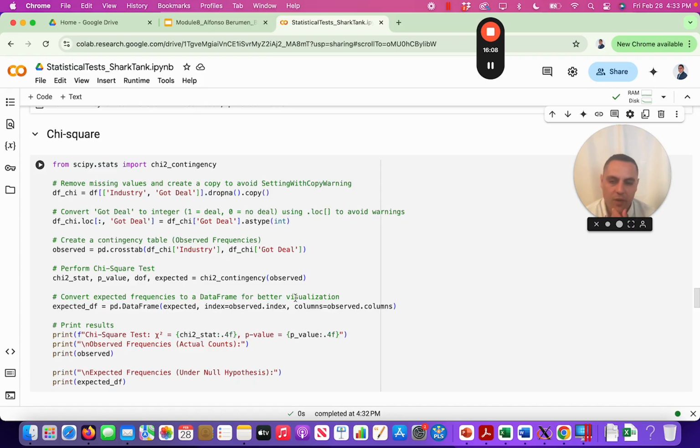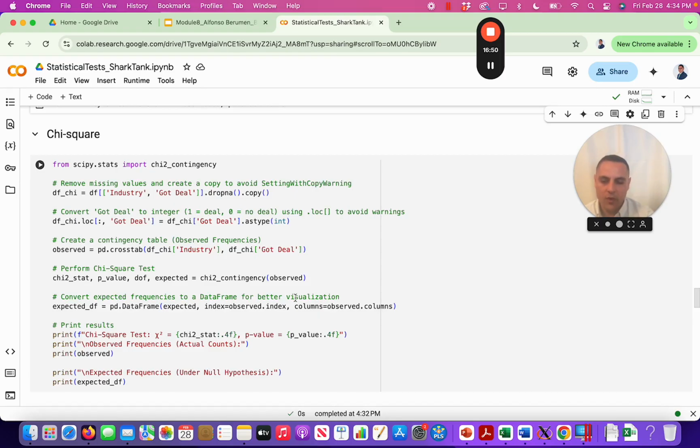What we're going to do is create a contingency table and look at the frequencies, and then see if what we observe in our data is different than what we would expect. The expected counts are based on the idea that there is no relationship between these two categorical variables. So we're going to compare what we'd expect if there isn't a relationship versus what we observe in the data.